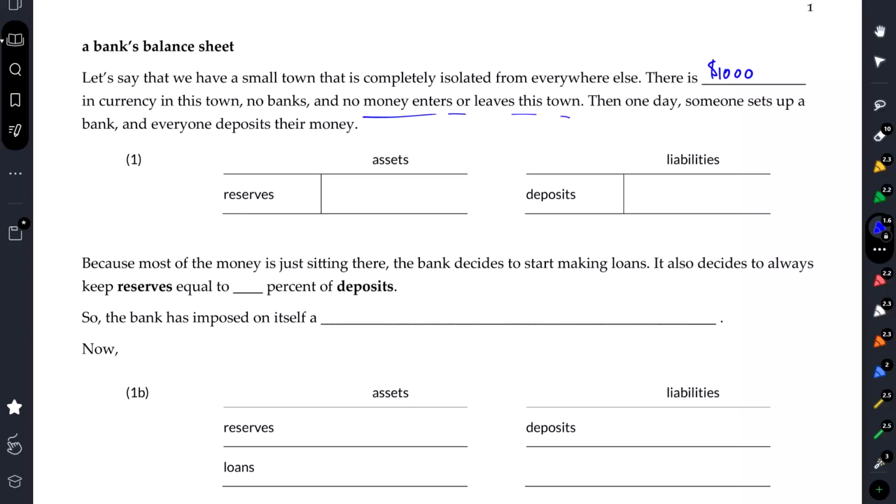Then one day someone sets up a bank and everyone deposits their money. Okay, so deposits are $1,000, and at the same time, because the bank has taken in $1,000 in deposits, it has $1,000 held in reserve, that is, held in its vault, let's say.